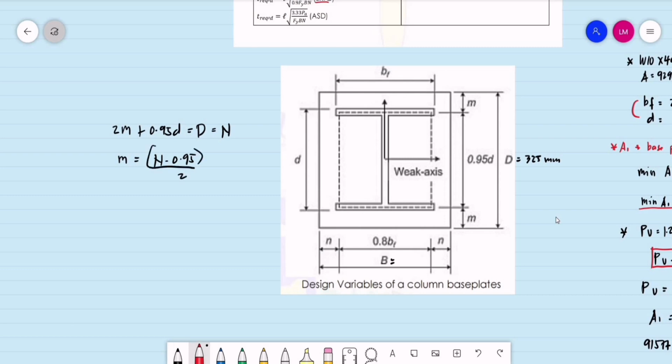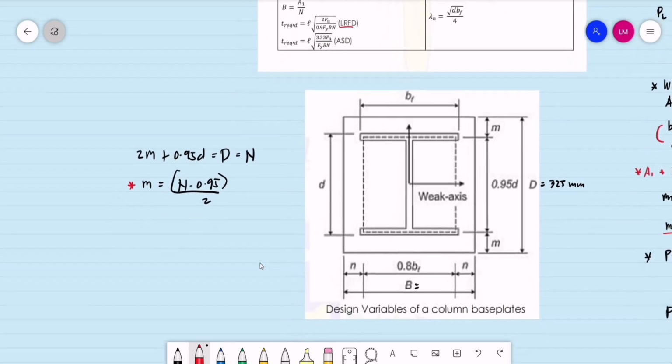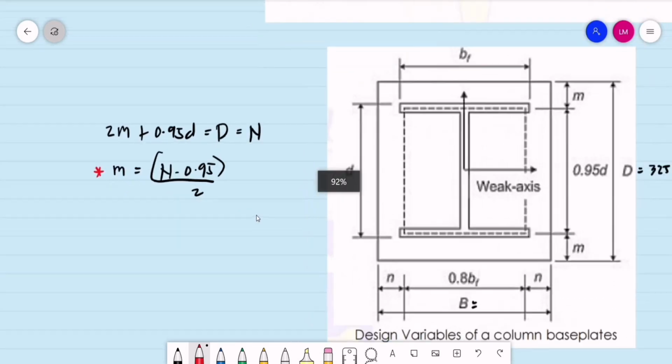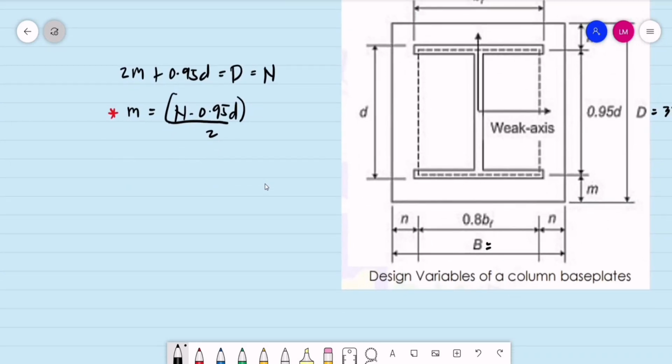So m is equal to N minus 0.95 of the d of the wide flange, divided by 2.